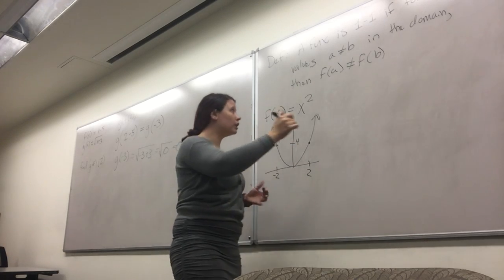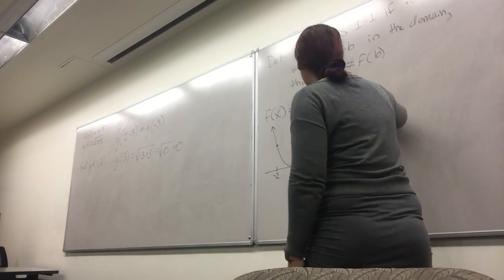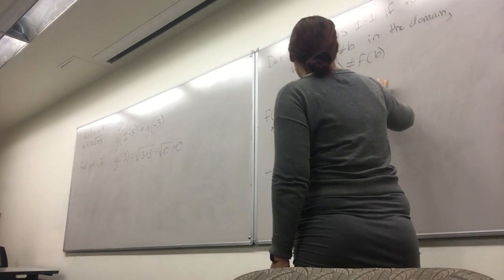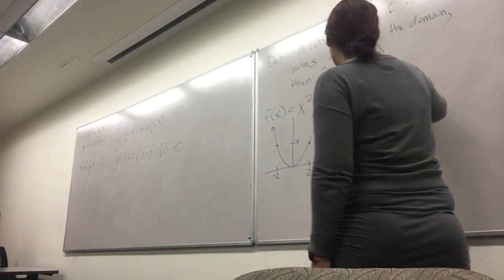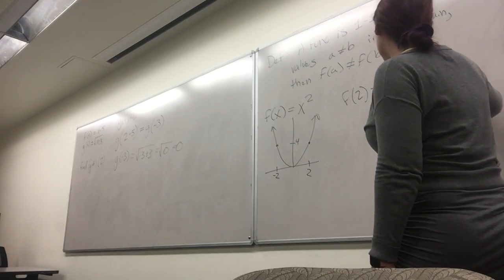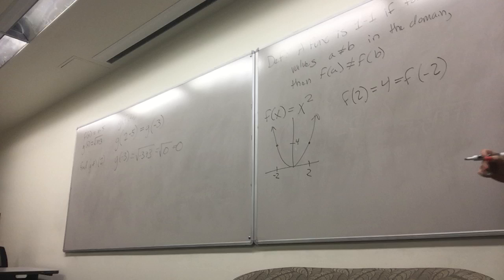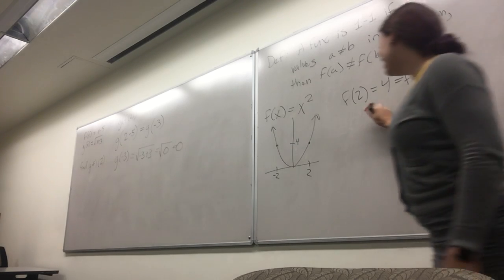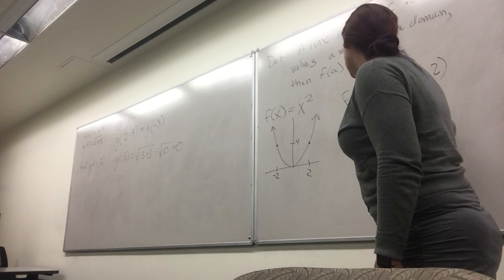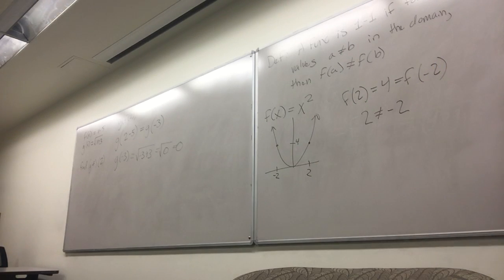What we're saying is f of 2 equals 4, which also equals f of negative 2, because if we plug 2 or negative 2 into x squared, we get 4 for both of them. But obviously 2 does not equal negative 2.